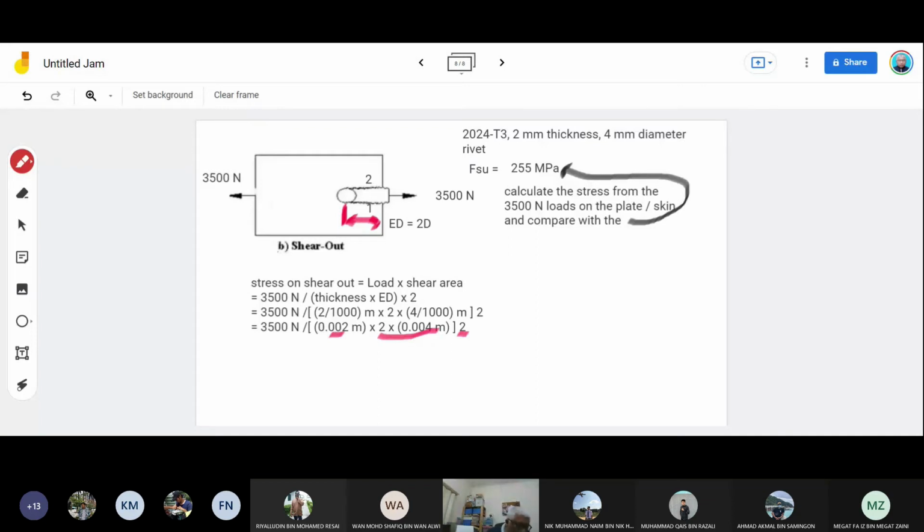So 0.002 times 2 times 0.004 times 2. So you got area equal 0.00032 meter square, and stress is 3,500 Newton divided by 0.00032 meter square.